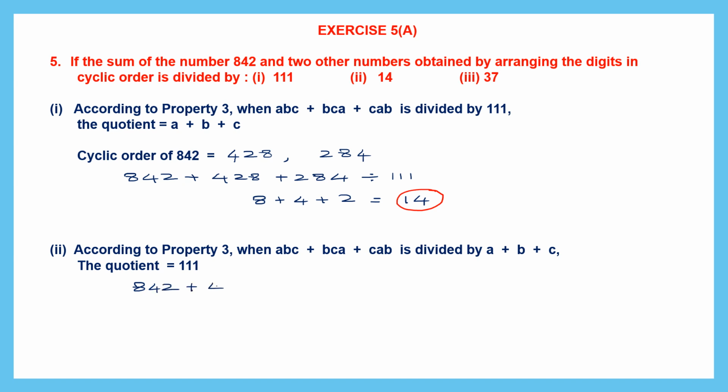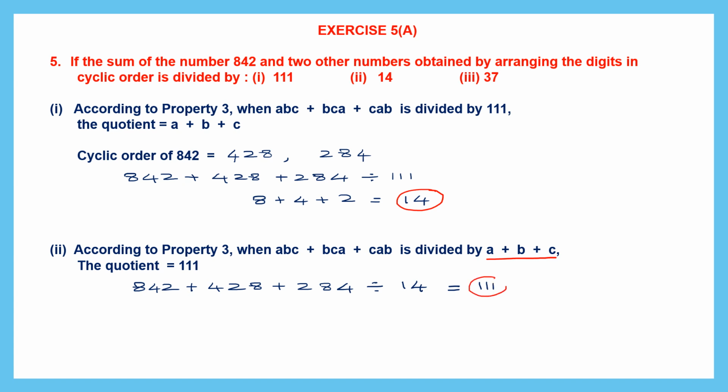BCA is 428. CAB is 284. When this is divided by A plus B plus C, and we just found out A plus B plus C is 14, the quotient is 111. So 111, this is our answer.